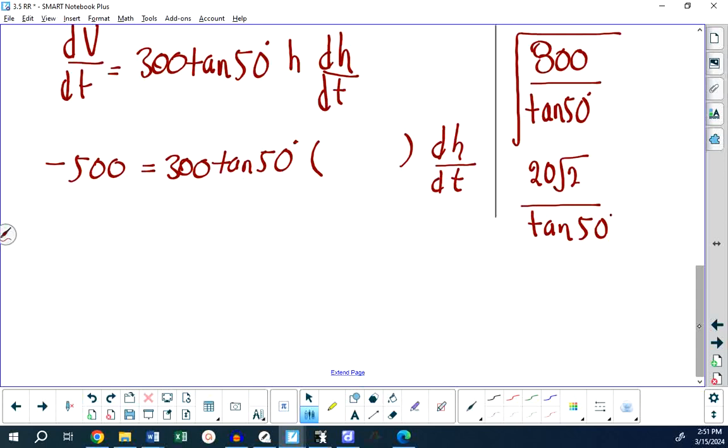Root 400 is 20. So that goes here. Root 1050. There's nothing wrong with a little exact value work.